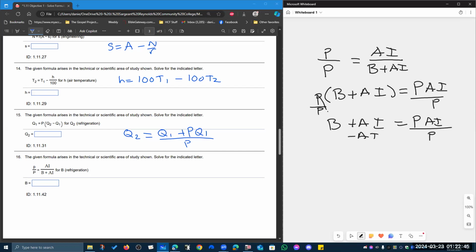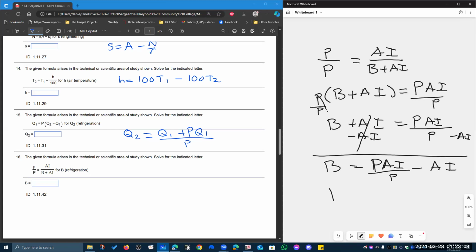Subtract capital A, capital I on both sides. And we get big B is equal to big P, big A, big I over little p minus capital A, capital I. Let's put it all over little p.